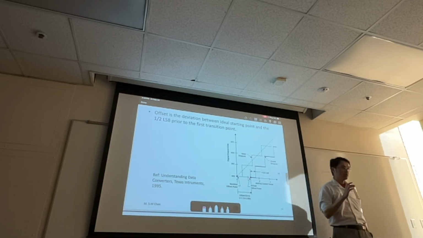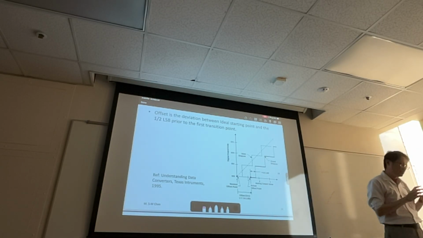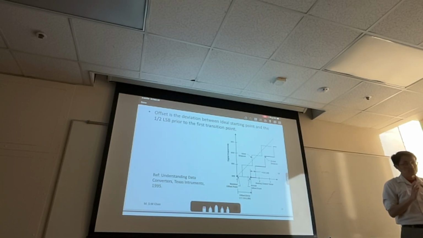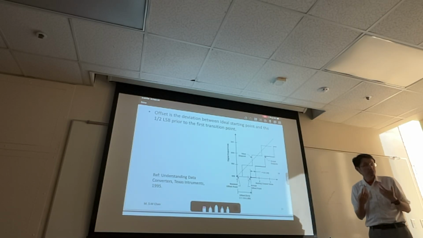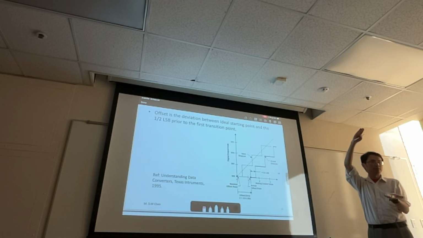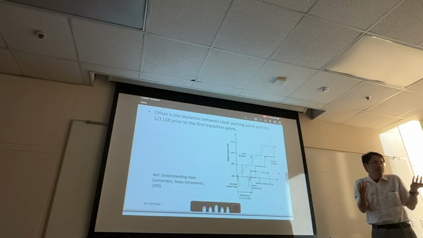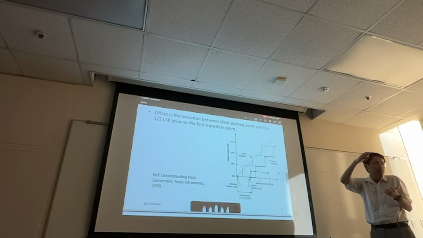Now the definition of offset is a little bit more ambiguous. Sometimes people define the offset as the actual voltage. You understand a shift by 50 millivolt out of 1 volt, you know what that means.